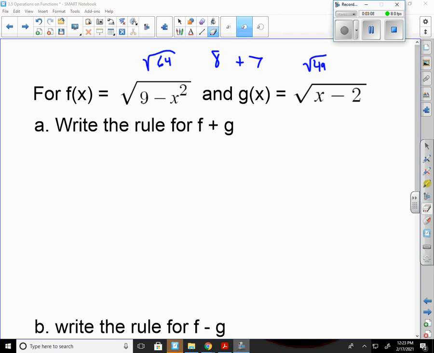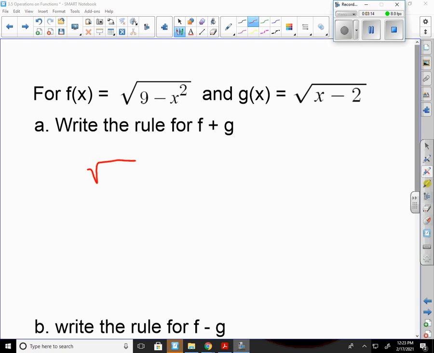It just doesn't work like that. So, if I was looking to find f plus g, it would be the square root of 9 minus x squared plus the square root of x minus 2. And that's it. Can't do anything else with it. That's the answer.